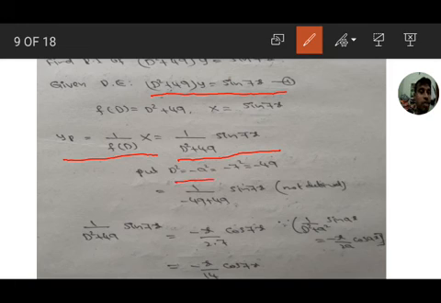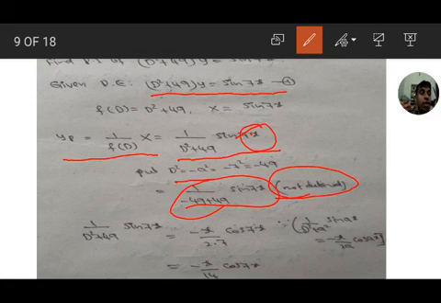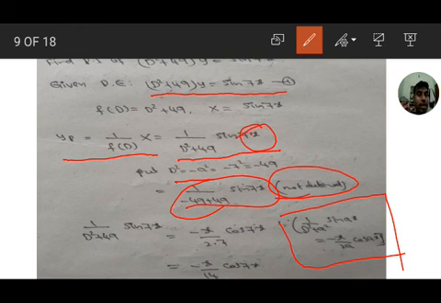If you substitute D square equal to minus a square, a equal to 7, minus 7 square, minus 49, minus 49 plus 49 we get 0. So it is undefined. So we need to use the formula 1 by D square plus a square sin ax equal to minus x by 2a cos ax. That is 1 by D square plus 7 square sin 7x equal to minus x by 2 into 7 cos 7x. So final answer: minus x by 14 cos 7x.